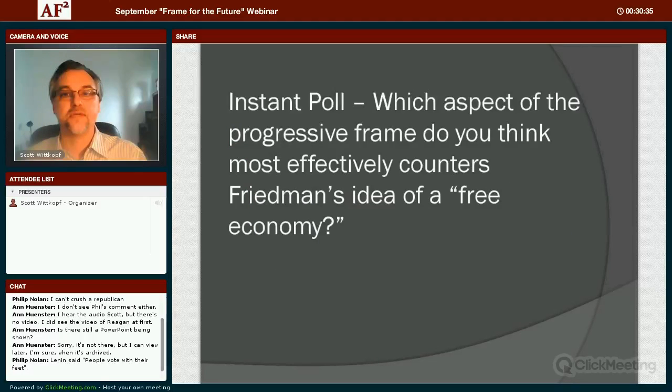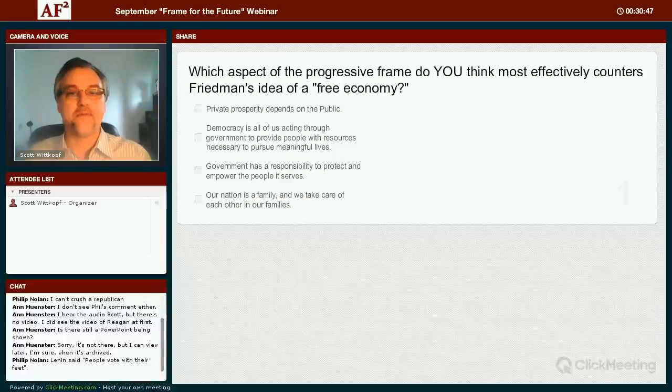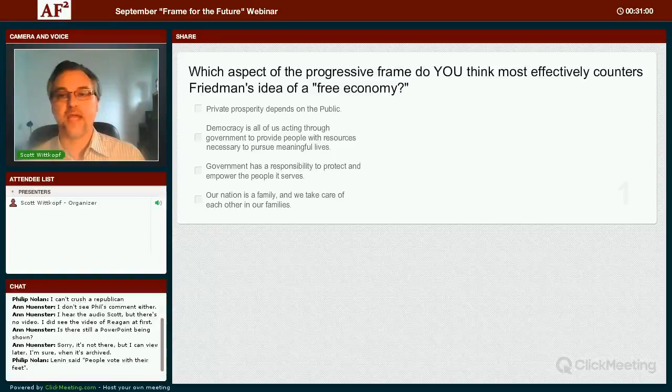Which we're going to get to. Yes, so another poll, and this one, the question is not only on your screen, it's going to pop up here. There are four choices. Which aspect counters Friedman's idea of a free economy?